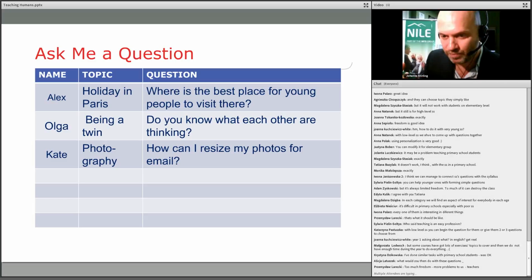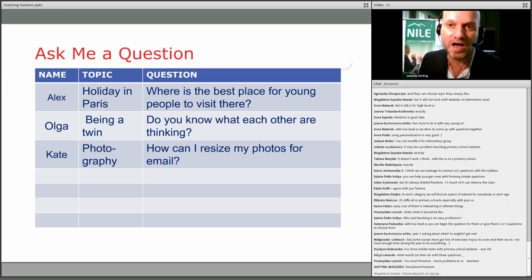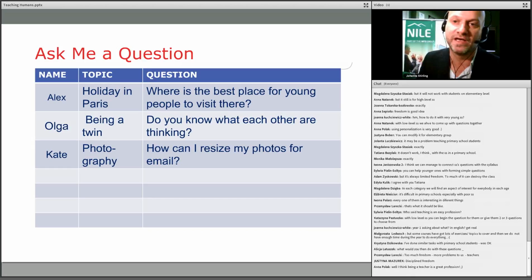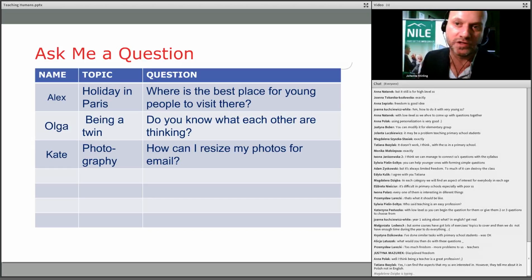Right? So, and yes, there's an interesting comment at the bottom of the chat, which is that often teachers resist freedom because it becomes problematic for them in terms of managing the class, or they worry about how the interaction in the class will be seen. But again, it comes back to the learning outcome, right?